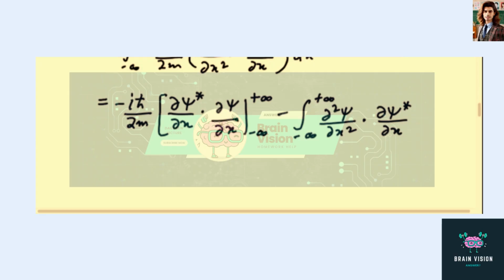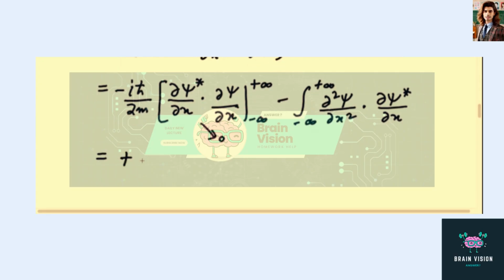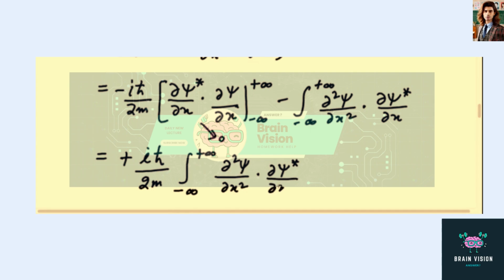And here you can see that at x equal to infinity this value will be 0, so hence this value is 0, hence this minus minus plus, and this will be minus infinity to plus infinity ∂²ψ/∂x² and ∂ψ/∂x dx.